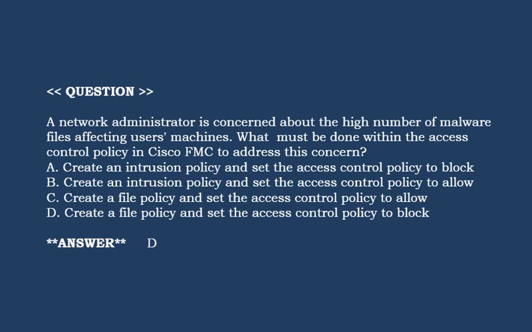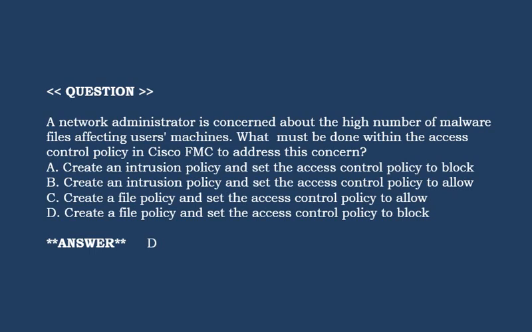Question is, a network administrator is concerned about the high number of malware files affecting users' machines. What must be done within the access control policy in Cisco FMC to address this concern? Option A. Create an intrusion policy and set the access control policy to block.